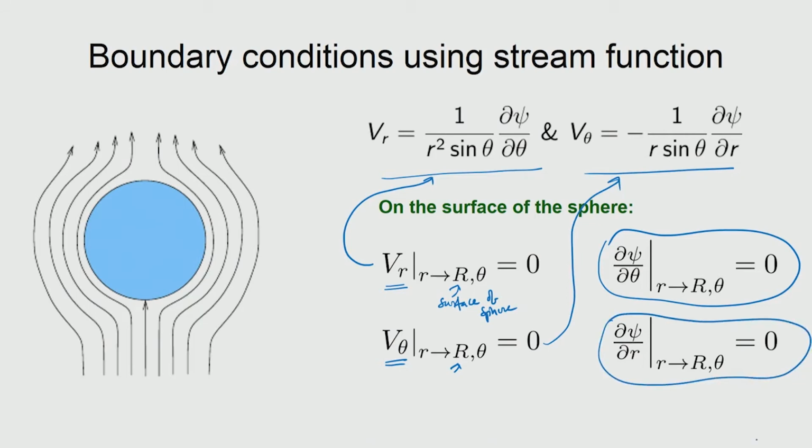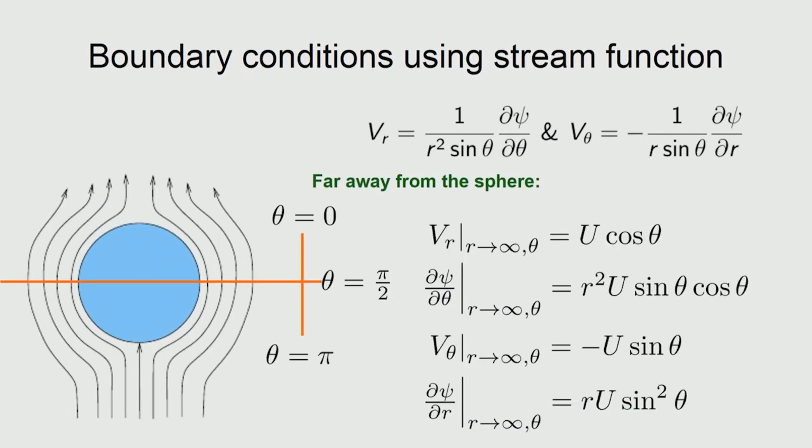You do have these 2 coming up, which means that our problem will become: seek psi in a form that satisfies these things. We must have a psi which will obey this kind of a form, so that it makes sense for our problem.